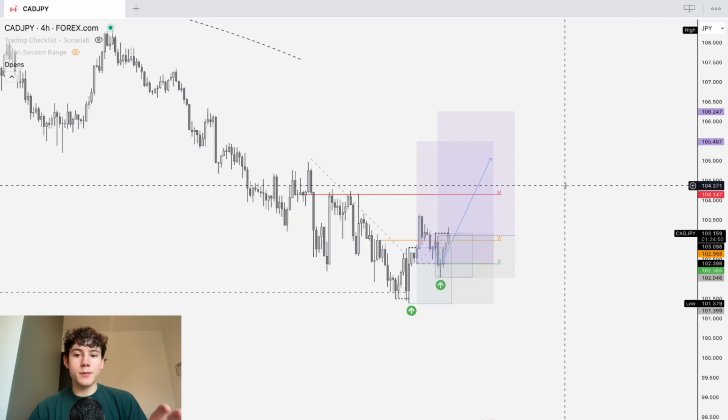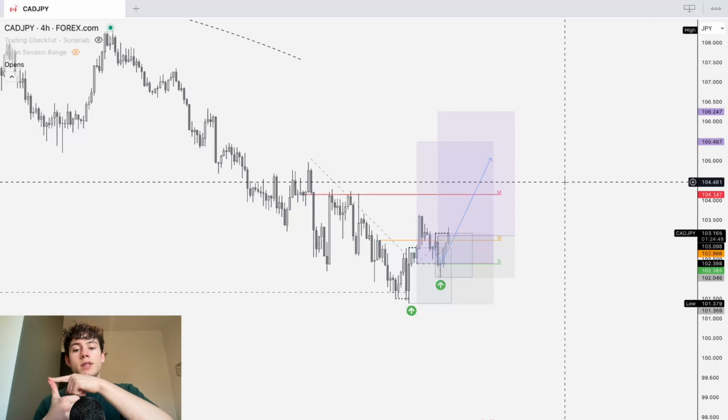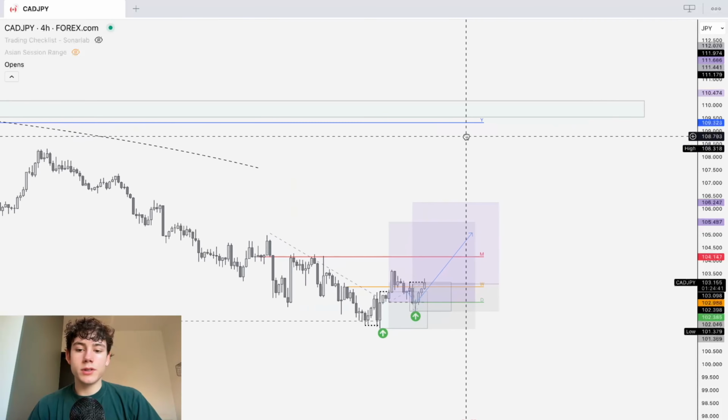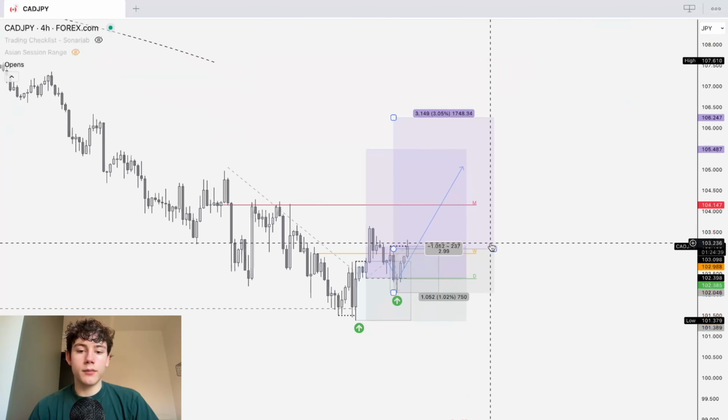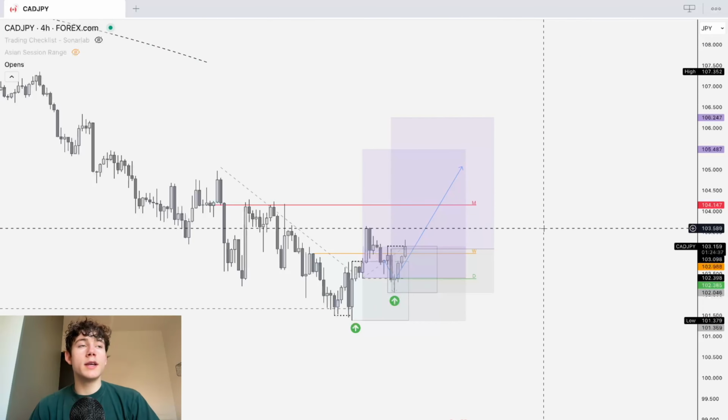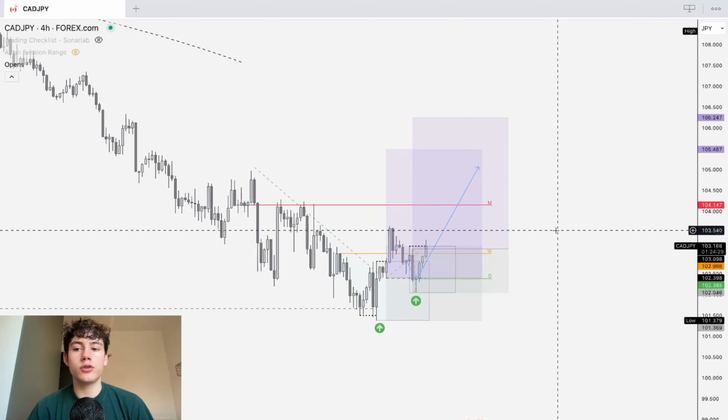But again, I'm stepping out of this because I'm already in Swiss Yen long and GBP Yen long and NZD Yen long. So I am just waiting on more setups to occur on the pairs that I'm already in for scale ins, because I don't want to spread my long positions out too much.